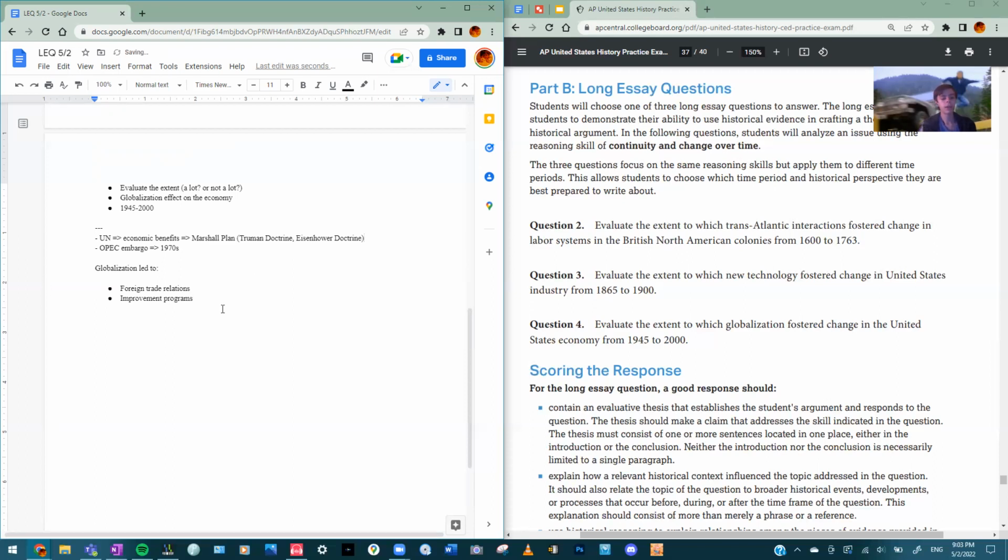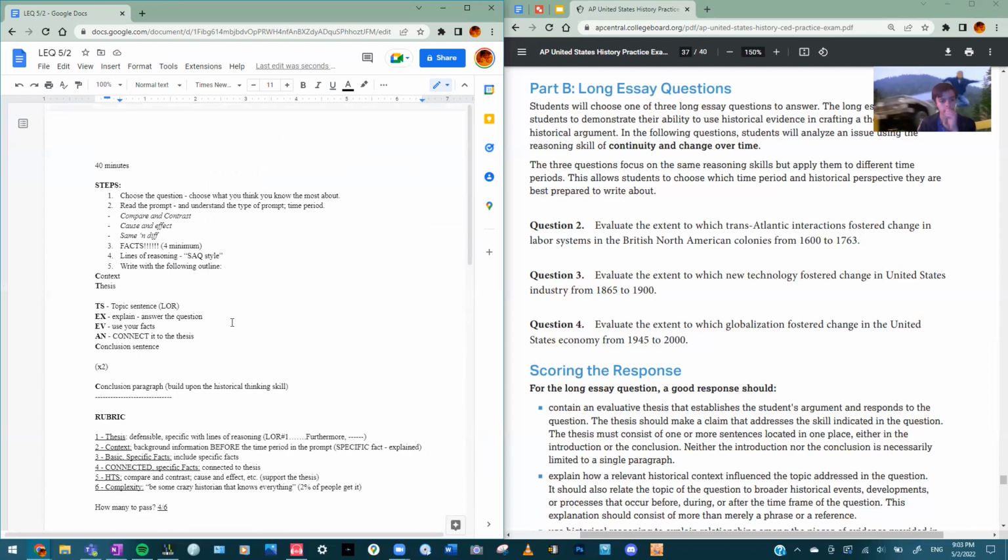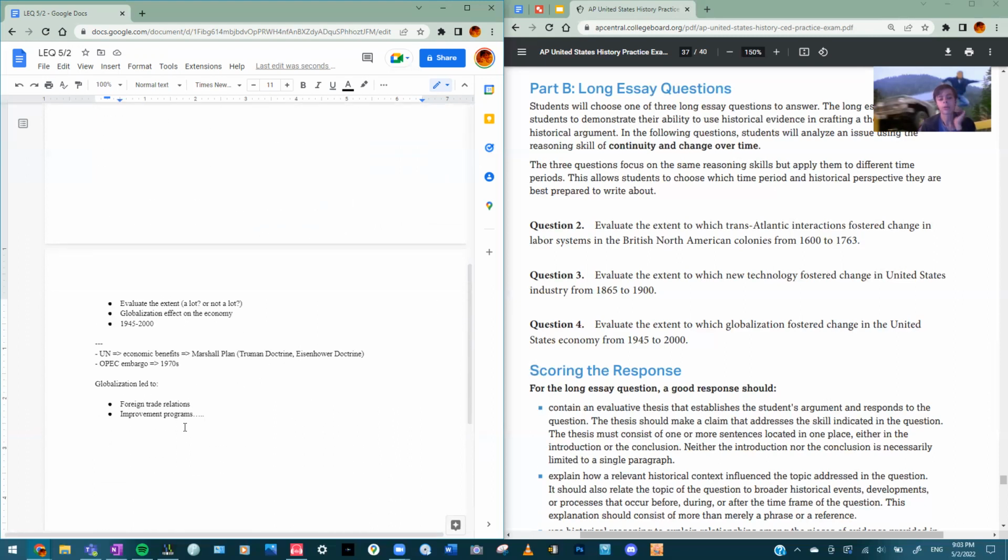So basically, I would want to be more specific, but for time's sake, I'm not going to do that. But this is just a process that you would want to do. So these are the two lines of reasoning, and these are going to be what the two paragraphs are about. And then that's when I would start writing. So I would want to think of the context immediately. So what contributed to globalization? Well, right before 1945 was World War II.